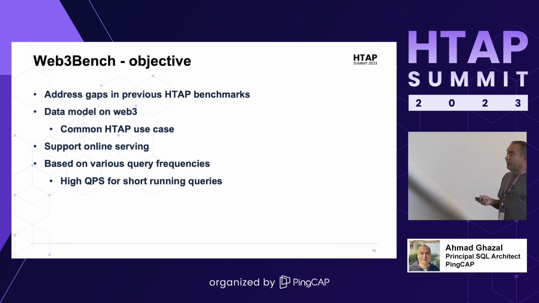So that's why we thought Web3 would be a good use case. And also, we go beyond the retail model used in TPC. So that will be a fresh data model with a good use case, and it supports the online serving as well.